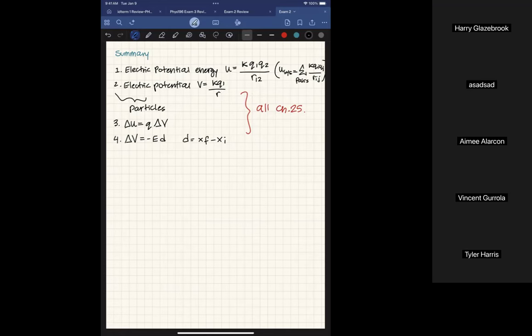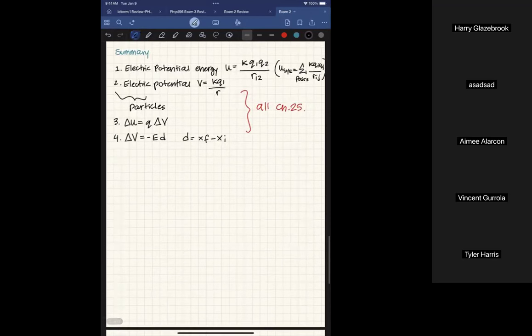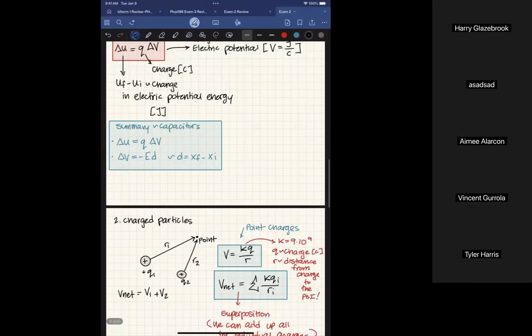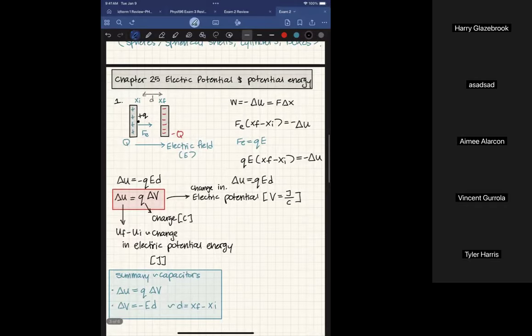It depends on a couple things. This is the easiest way to think about why that negative sign will change. If we go up to this capacitor picture here, what Alberto's saying is in some of the equations you're going to see this negative sign, and in some you're not. That has everything to do with whether you have a positive particle or a negative particle.